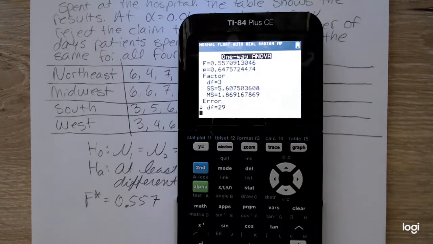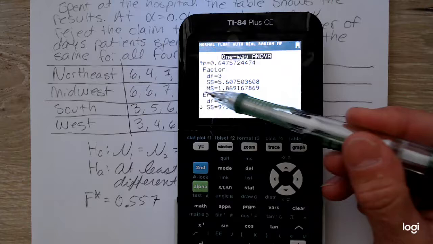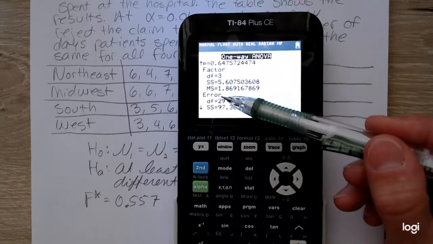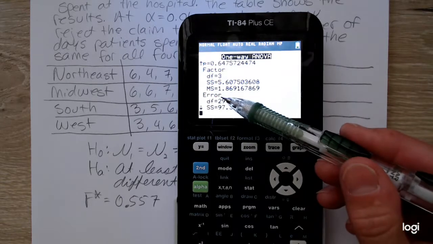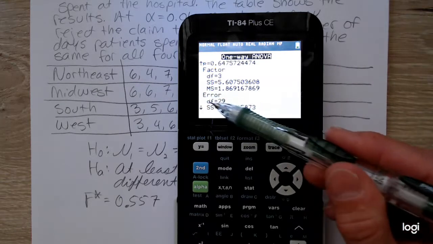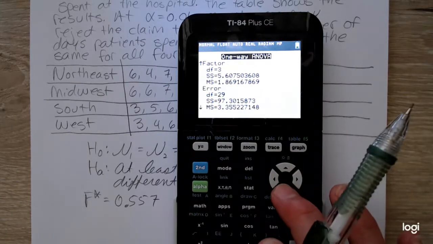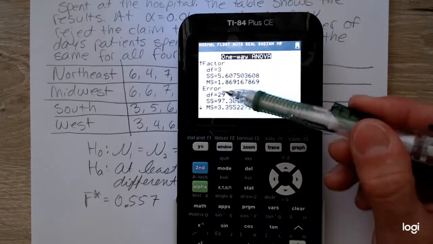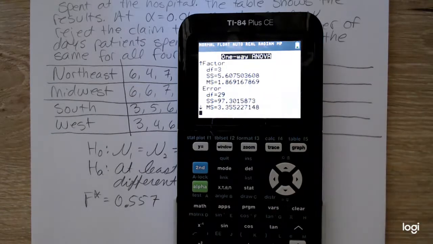It could also be called between. And then the calculator calls this part the error. That's also the variation within samples. So some textbooks may use within right here. And you scroll down, it'll give the pieces for the denominator component for that standardized test statistic.